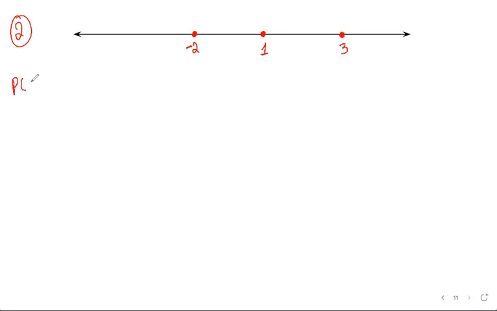Again, my polynomial function is b of x equals x plus 2 times x minus 1 times x minus 3. Now we have to take numbers between these points and test whether the value is positive or negative.